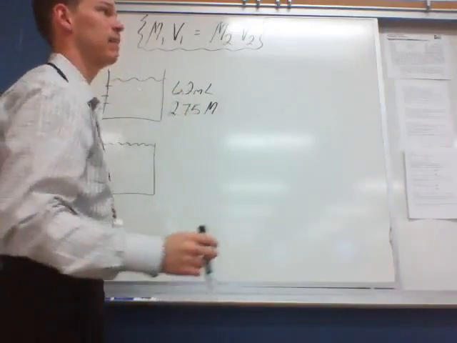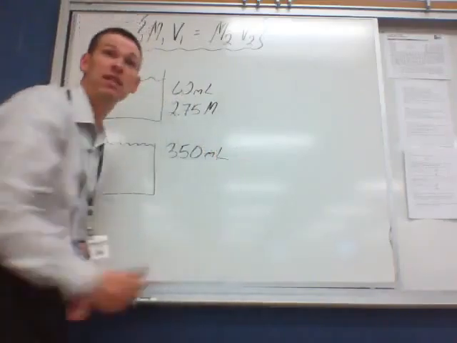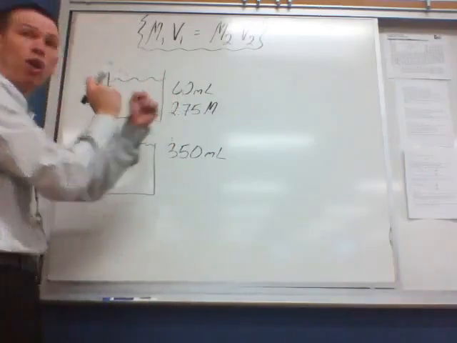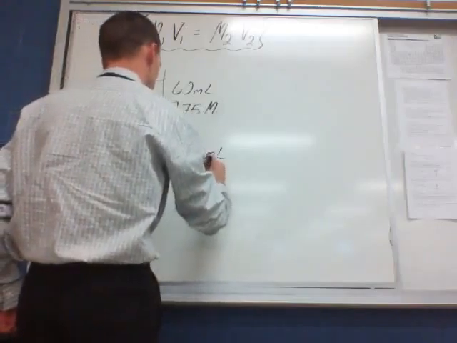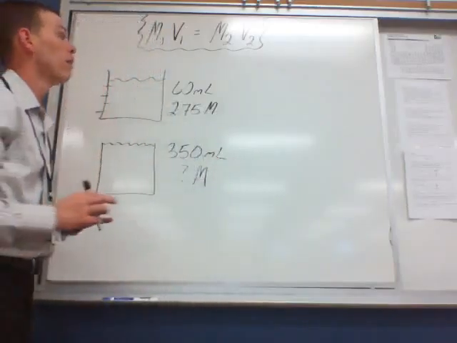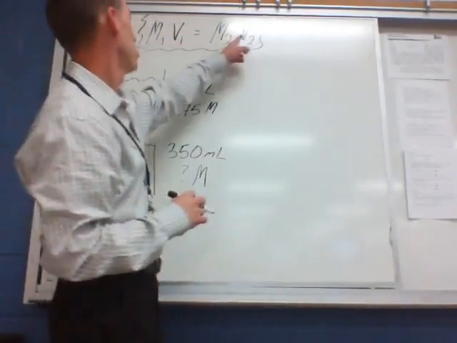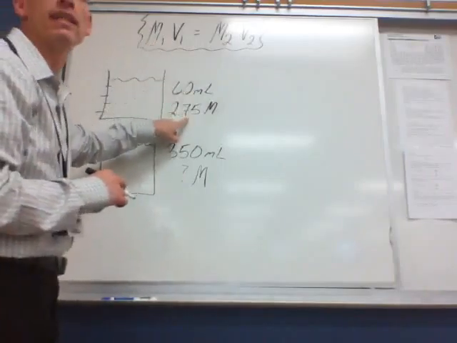Instead of there being only 60 mL, what if we poured in water until there was 350 mL? That would make the water level go way up. It's going to stretch those particles out and make the molarity drop. Now, we don't know what the molarity is yet, but we can plug and chug pretty simply. So there's my equation. Here we go. My first molarity is 2.75.